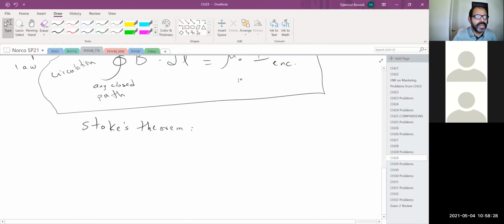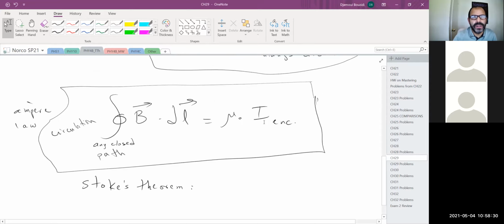What we can do actually, we can define the current density just like when we did way back in chapter 25. The current is just the sum over the area of the current density, basically. So the current will be just the integral of J dA.